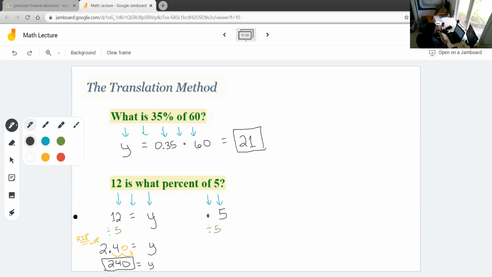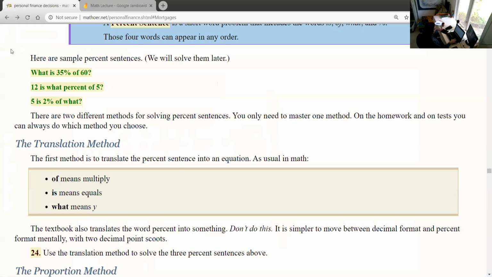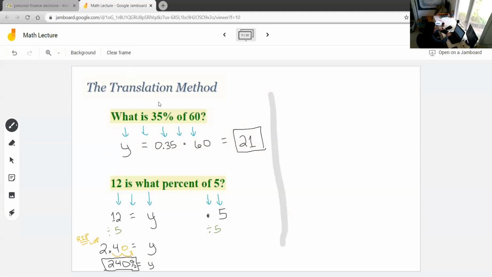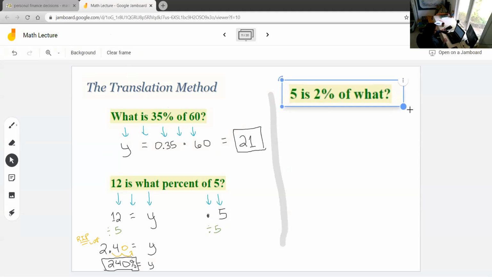Whoops, I wrote it wrong. 240%. There we go. Now I finished. And let's do another one. Okay.